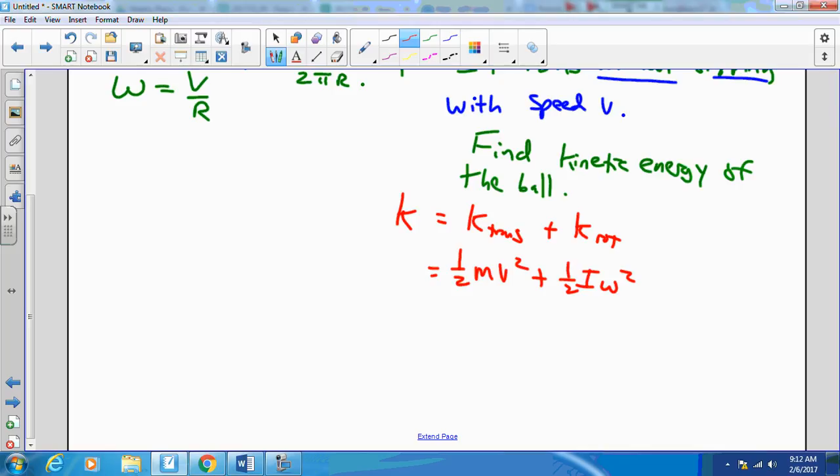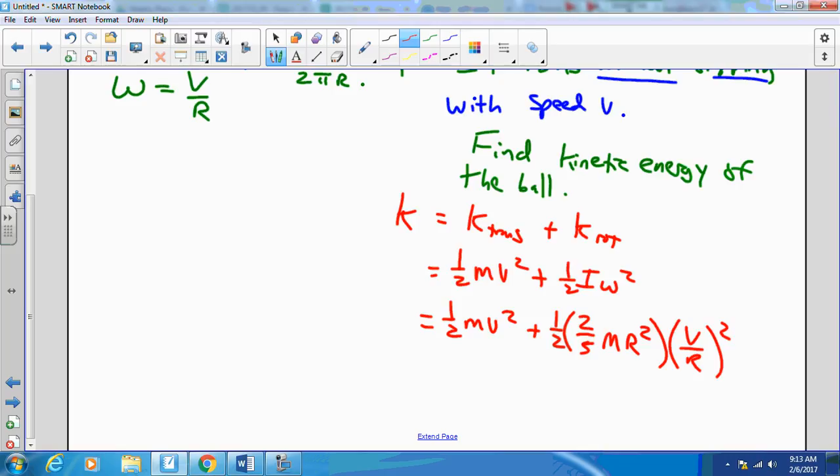And now when I go substituting in the second term, first of all, I look up the moment of inertia of a solid sphere and find that it is 2/5 mr squared. And then I replace omega with what it is, which is v over r, squared.